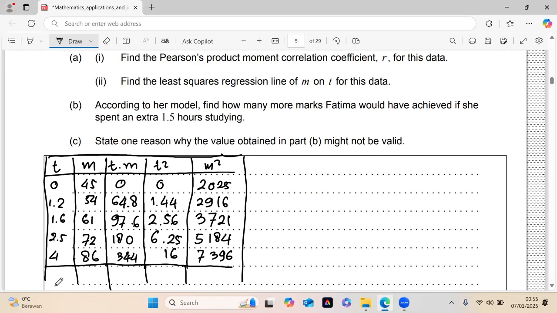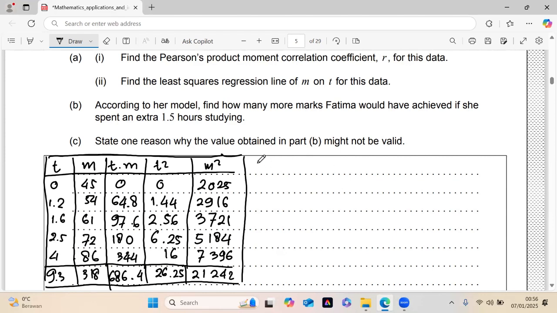And the accumulation, the sums: this is 9.3, this is 318, this is 686.4, 26.25. This one is 20,242.